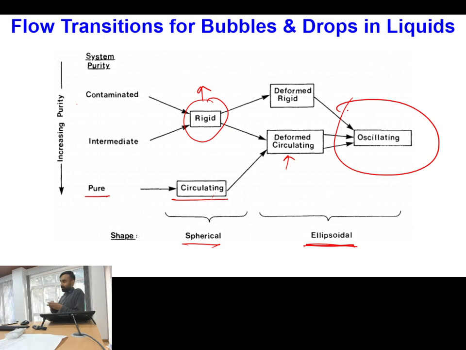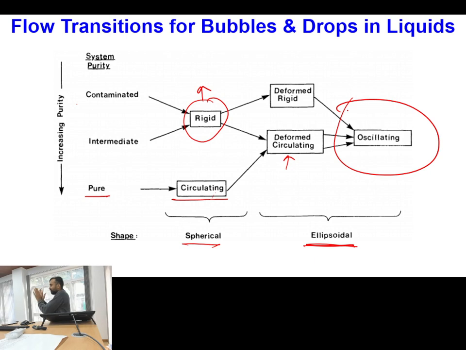If you recall from the previous lecture how we had the velocity profile: first a unique single line of data in the spherical regime, then the line deviated in the ellipsoidal regime, one for the pure system and one for the impure system, and finally when the size became large, the data merged together again. Because when oscillations are present, they also dampen the internal circulation.